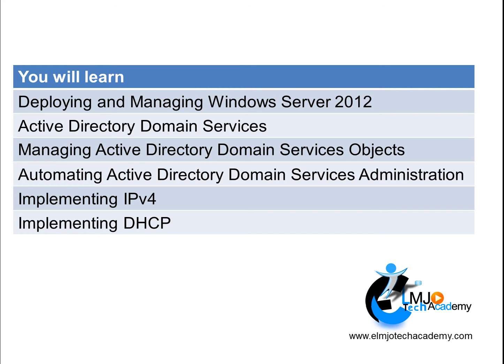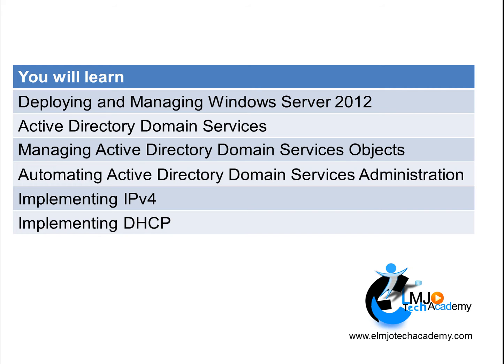After that, automating Active Directory Domain Services administration. As you know, most companies have too many user accounts, a lot of clients. In those scenarios, how are you going to do that? For example, in your organization you have one system admin who is working with servers, and the boss asks him, I want you to create 50, 100, 200 user accounts in 5 minutes.